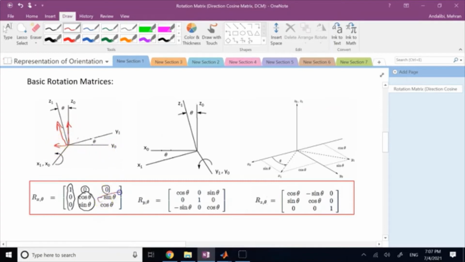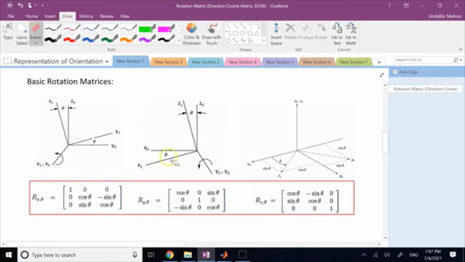That's why you see the negative sign here. And then along z0 is, of course, cosine of theta, which you can see here. And that's why you see the third column like that. So by projecting each one of the new unit vectors along the old ones, you get the three columns of this rotation x with angle theta matrix.